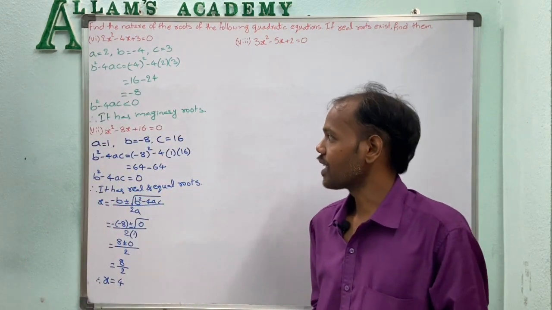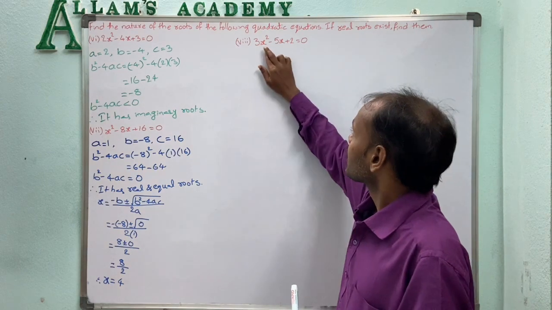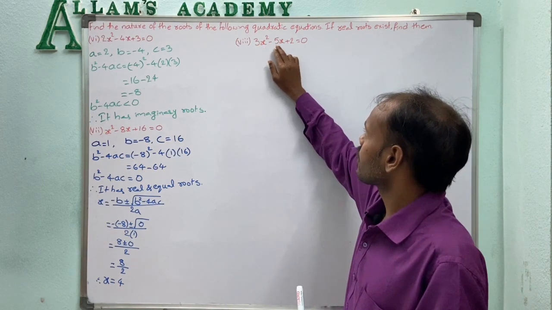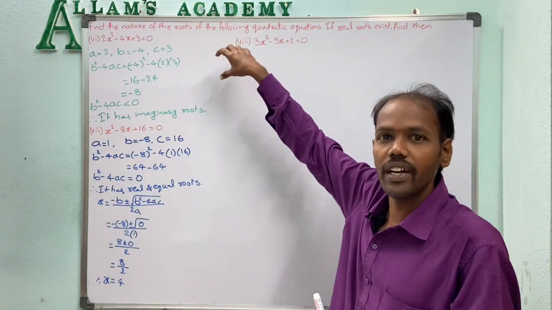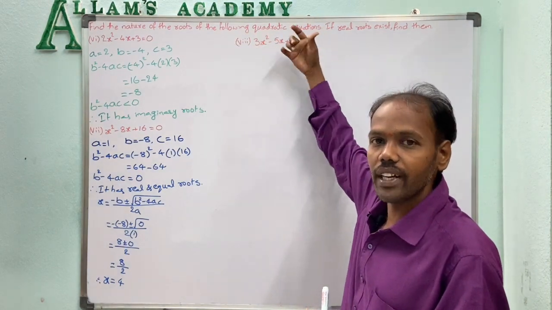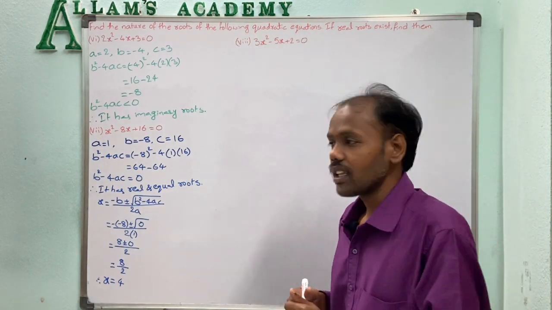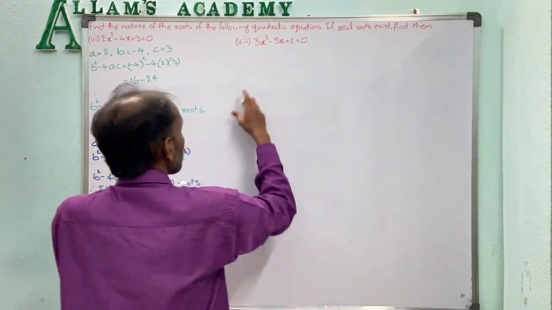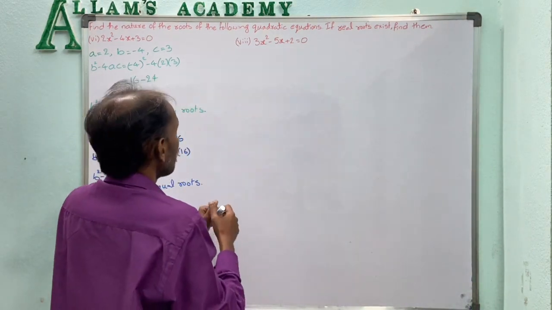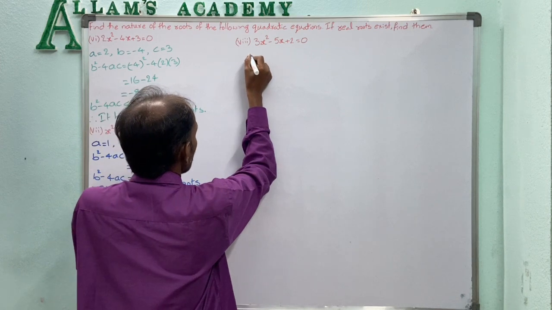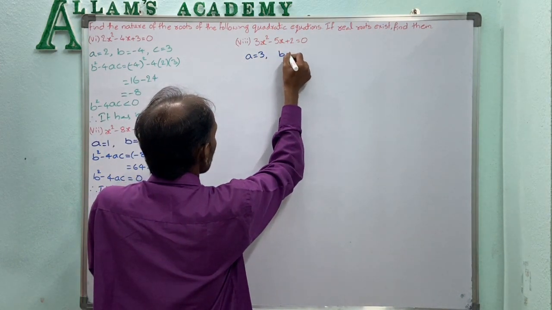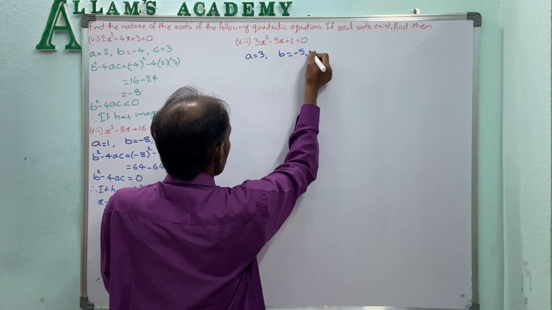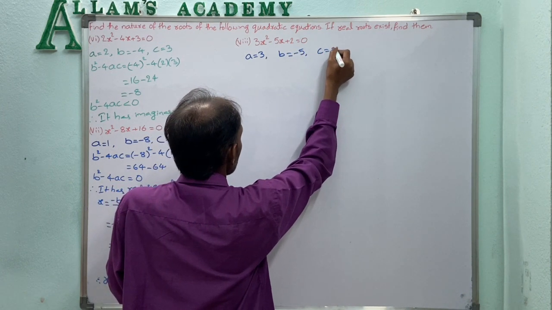Okay. Now here is another problem: for the quadratic equation 3x square minus 5x plus 2 equal to 0, find the nature of the roots. If roots exist, then find the zeros. So comparing with the quadratic equation ax square plus bx plus c equal to 0, here a equals x square coefficient, which is 3, b equals x coefficient, which is minus 5, and constant term c equals 2.